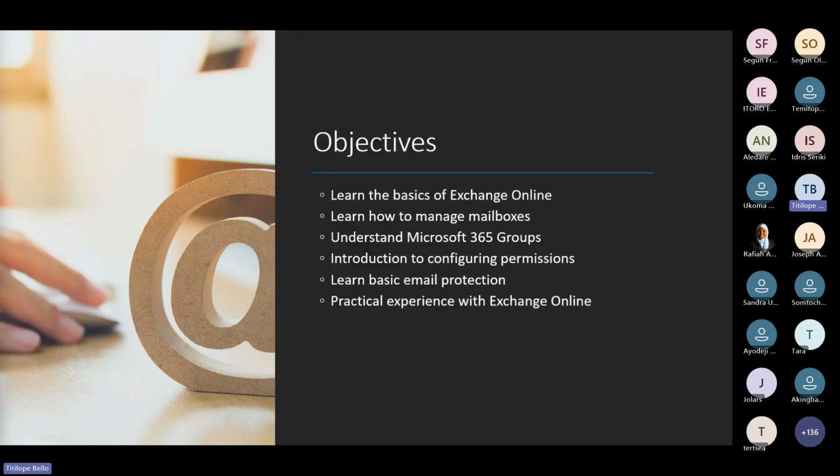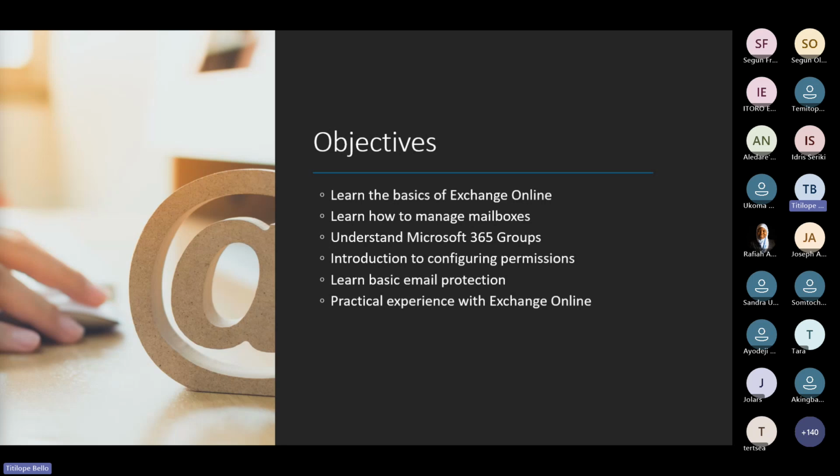Moving on, these are the objectives of today's class. At the end of the class today, you should have a basic understanding of what Microsoft Exchange and Exchange Online are. You will have learned how to manage user mailboxes, and different types of mailboxes, in Exchange Online, and you will have an understanding of Microsoft 365 groups.